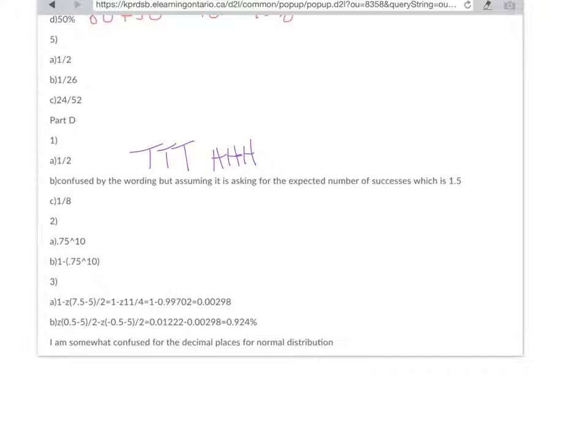So for B, I think that what they were asking there was the probability of success on the first flip. So you want to count up all the ones that would be, is it tails or heads? I can't remember. For the first flip only, and write that as a probability. And then what are we looking for? Heads, right? So find heads for the first flip and write that as a probability out of 8.